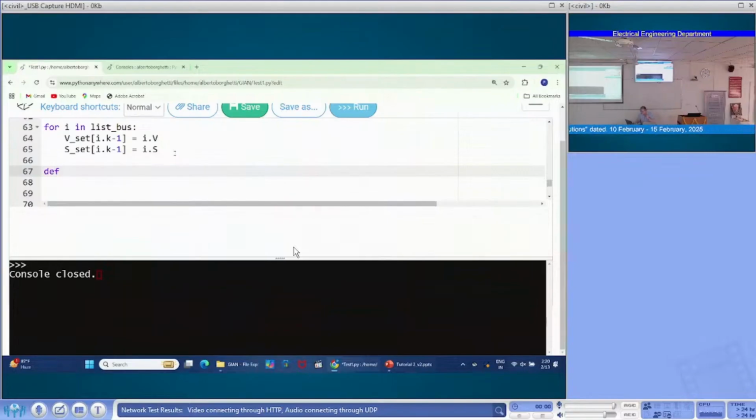So I will write equations, the name of a function. You can also change the name. And then inside the function, we need to write our equations. And well, what are the equations?